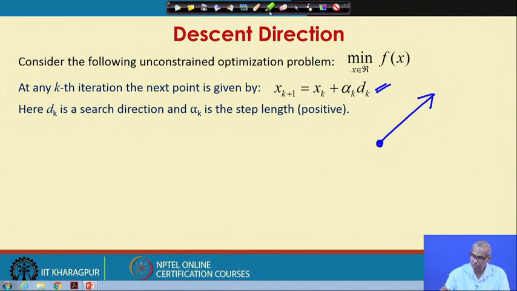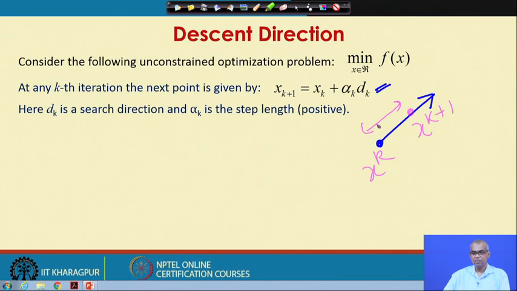So, maybe I will move up to this. So, x_{k+1} is this, which is obtained from x_k by adding this much along the direction as shown.